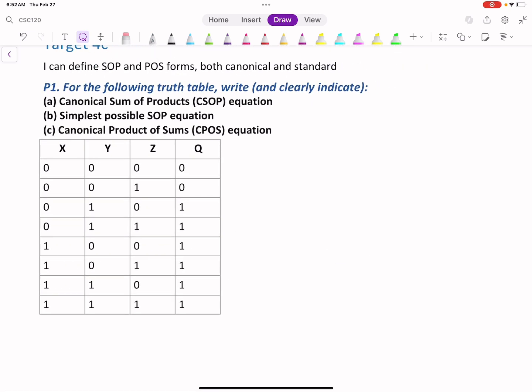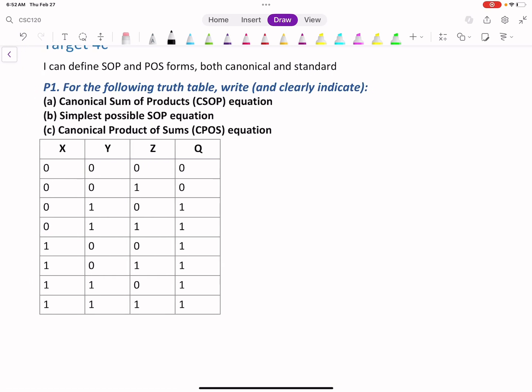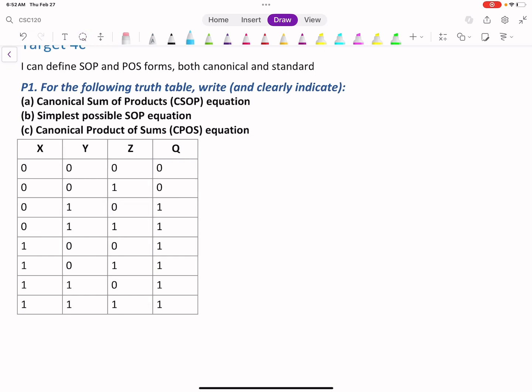Step 1 is asking us to get the canonical sum of products, the SOP. To get that, we look at the table, and the canonical SOP terms are the rows where the output equals 1. So all of these rows right here, I can just make a big circle on them.